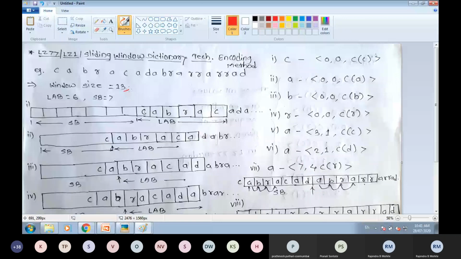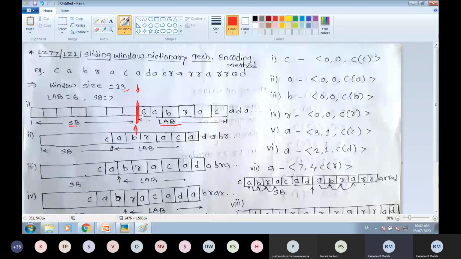If you observe this window, here is the pointer. This pointer divides your window into the look ahead buffer and the search buffer.